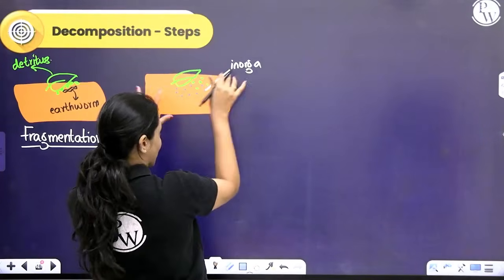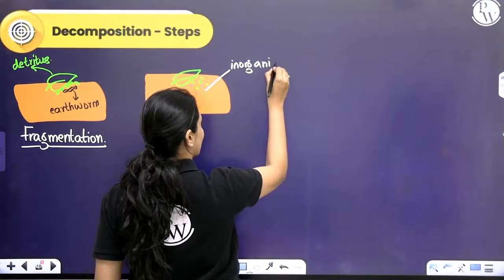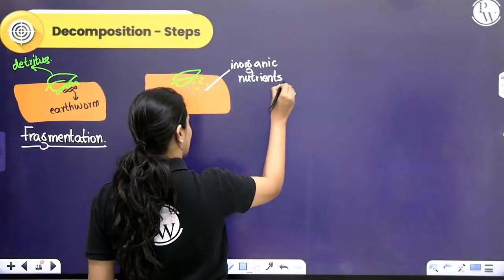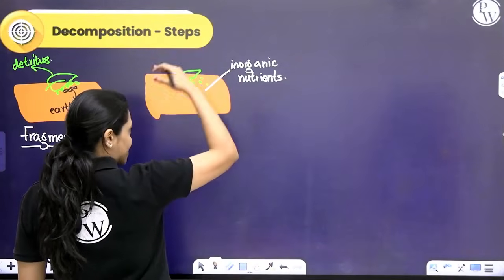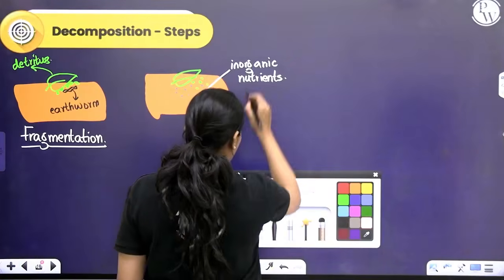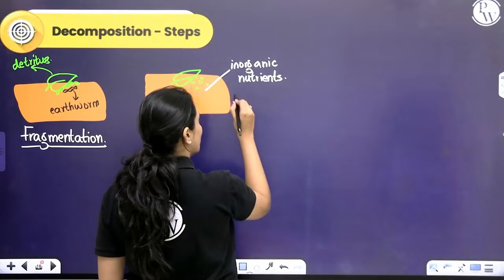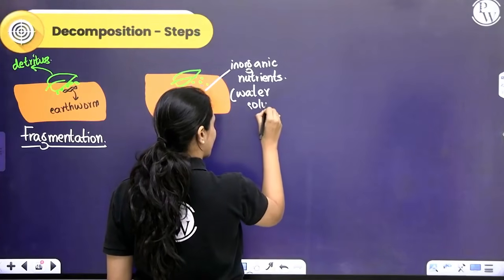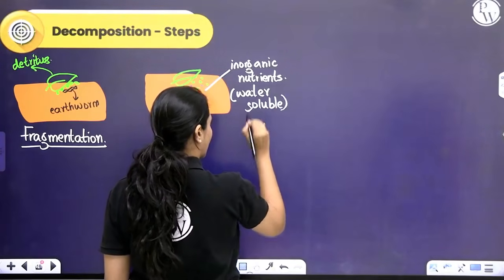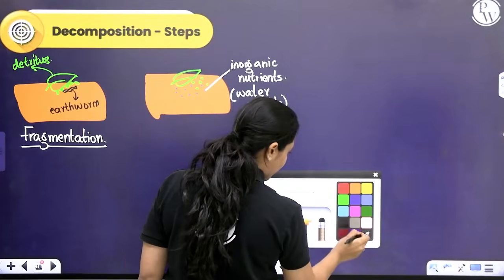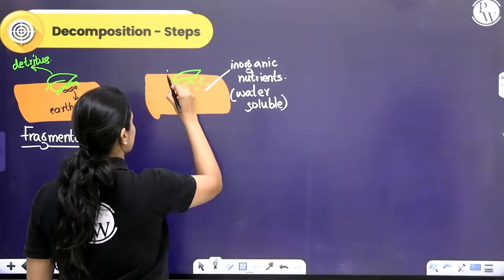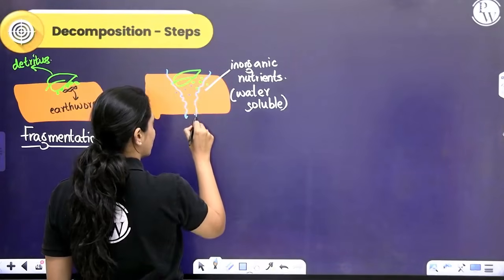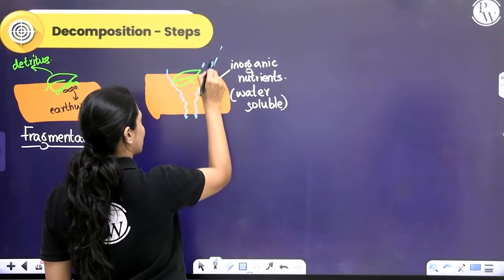Because of fragmentation, it is now released into the soil. Let's say there is rain. If these inorganic nutrients are water soluble, they will dissolve in water. It will get dissolved in water and move. Let's say there's rain, okay?